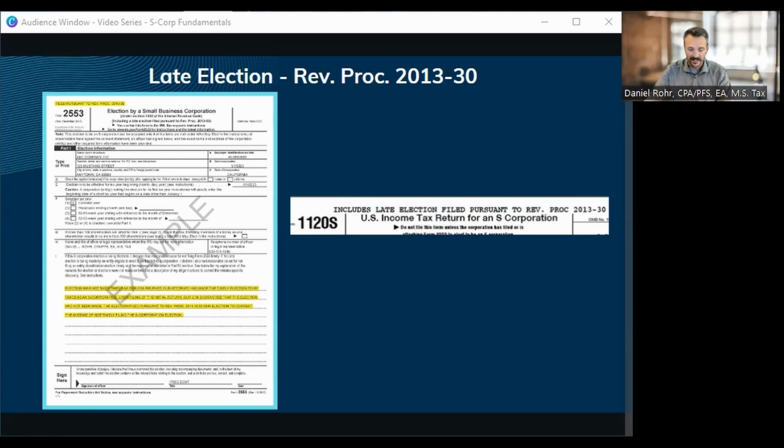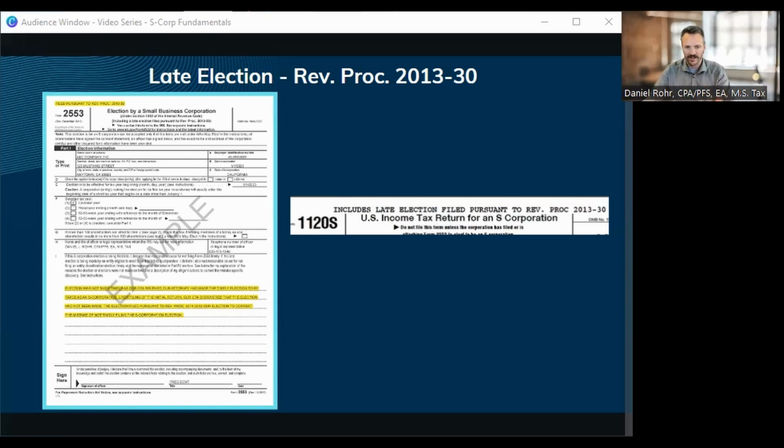the highlighted example. If you're filing the election with an initial 1120S, so as an example, if you incorporate at the beginning of the year, January 1st of 2022, you're not going to file that tax return until March of 2023.